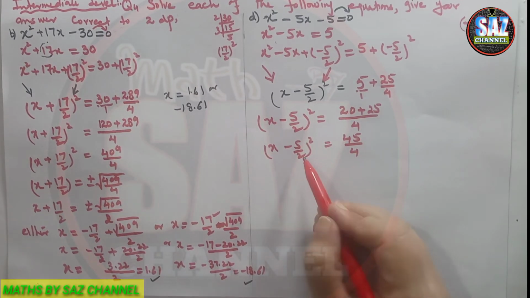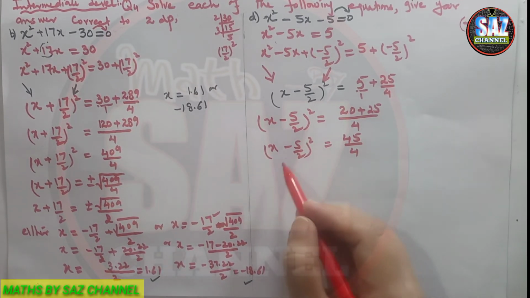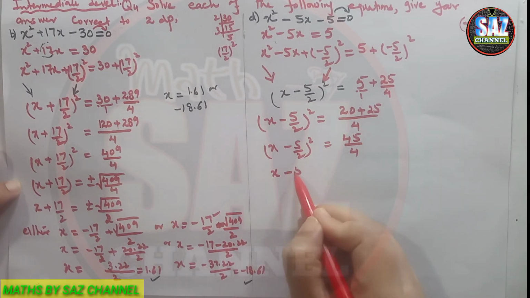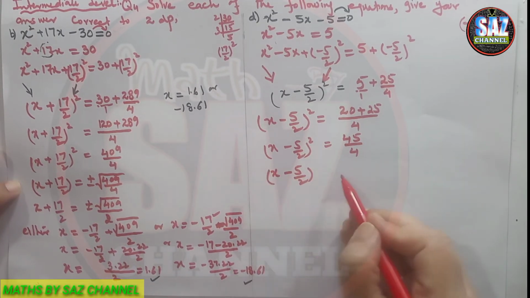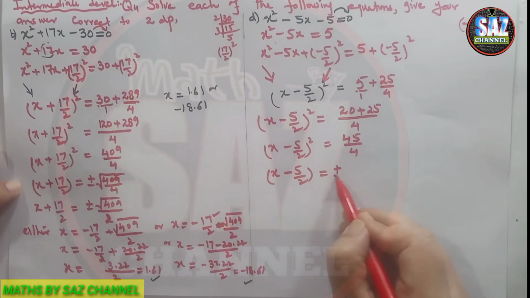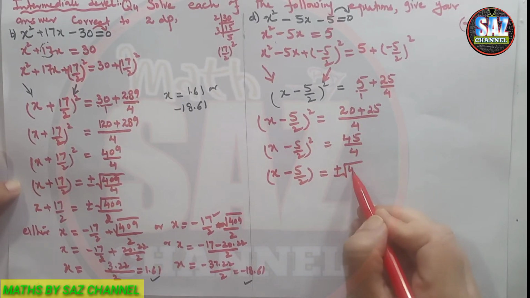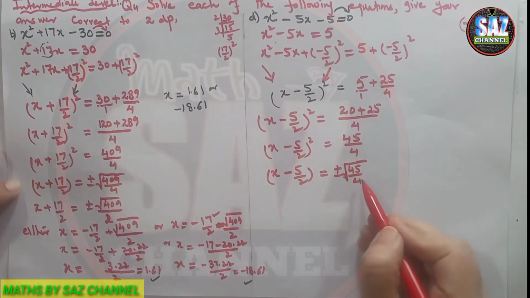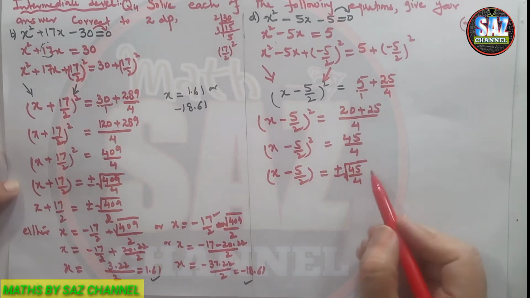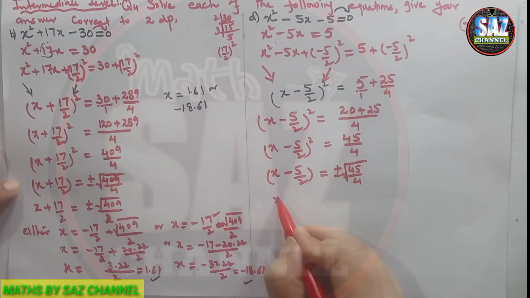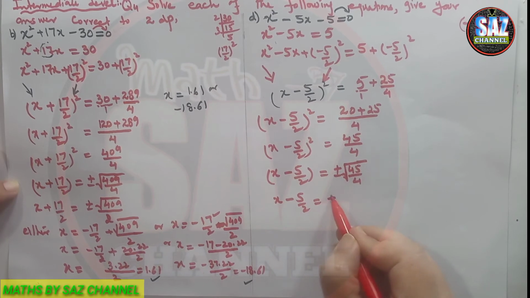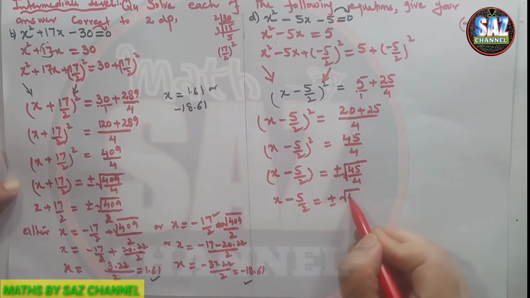Now in order to get the roots of this equation, I have to take square root on both sides, and it will take the form x minus 5 by 2 equals plus minus square root of 45 by 4. Again, 4 is a perfect square, it can be taken out of the square root, and my equation will take the form x minus 5 by 2 equals plus minus square root 45 by 2.